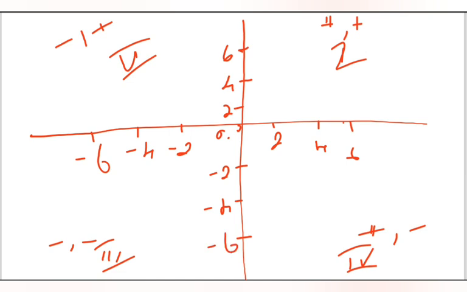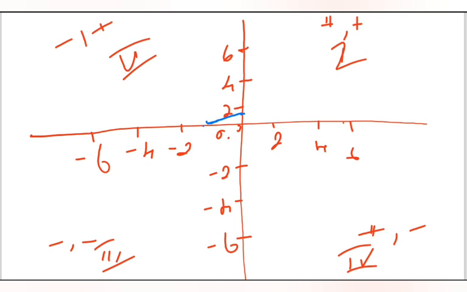So let's plot the points. First point is 0, 1. See, this is for the first equation. 0, 1 is here. Next is minus 1, 0. Minus 1, 0 is here.